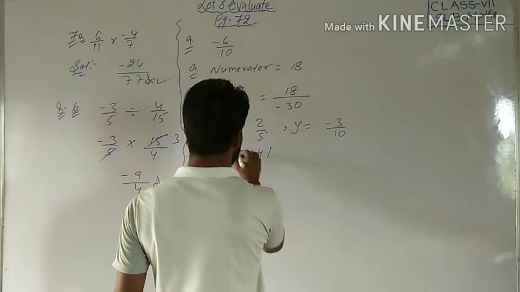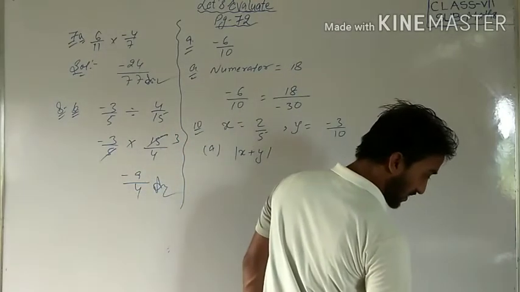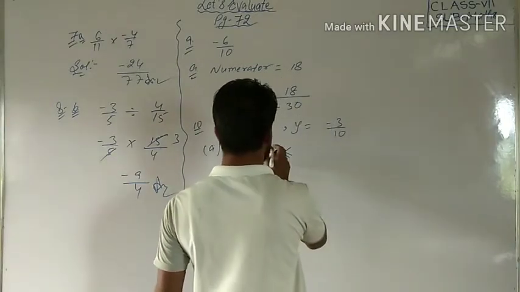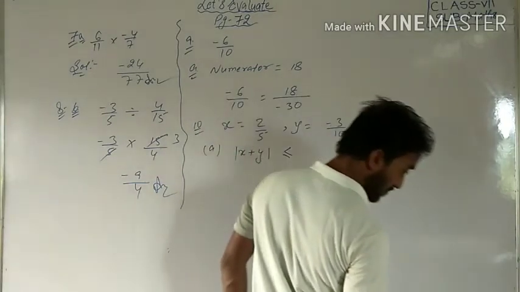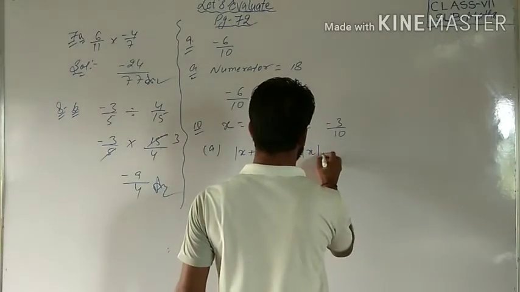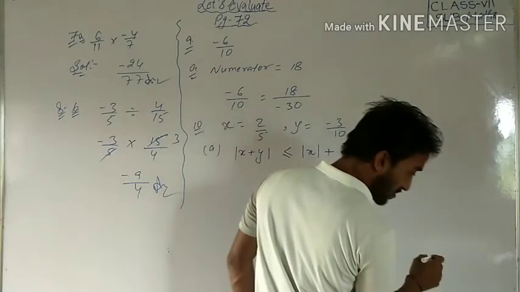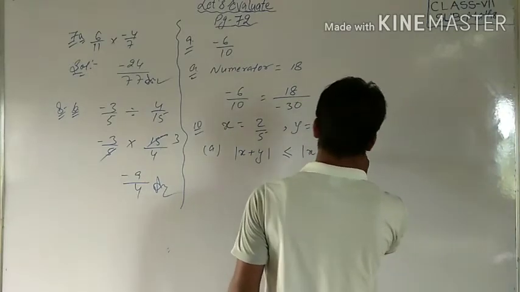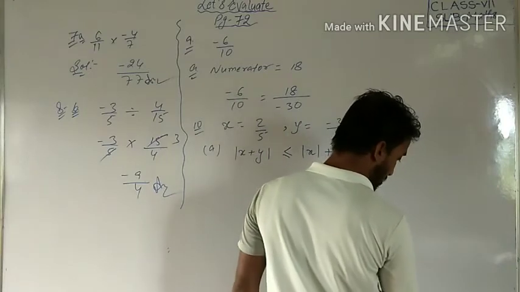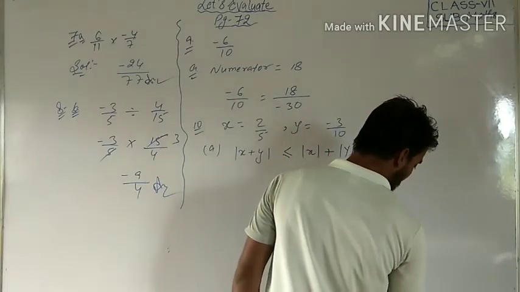|x + y| is greater than or equal to |x| + |y|... What will we do, students? Simple.